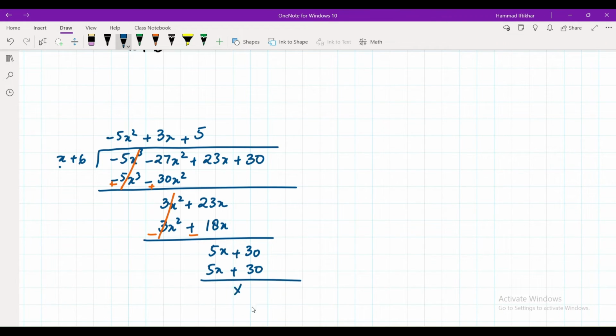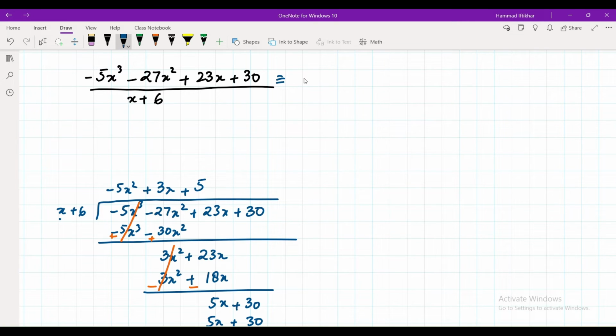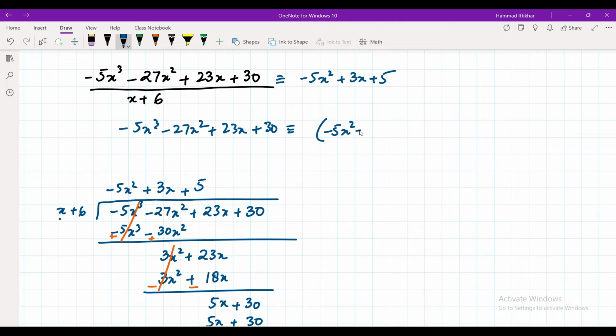So again, we have 0 remainder. So the quotient can be rewritten as minus 5x squared plus 3x plus 5. Again, the cubic expression, let's rewrite it once again, could also be written as a product of minus 5x squared plus 3x plus 5 times x plus 6.